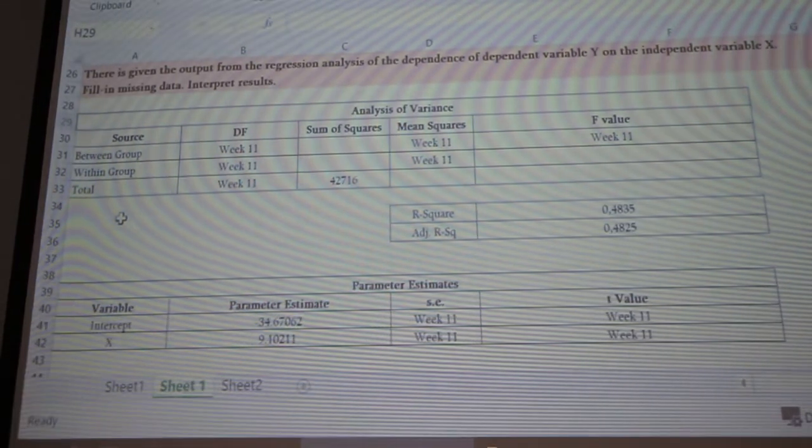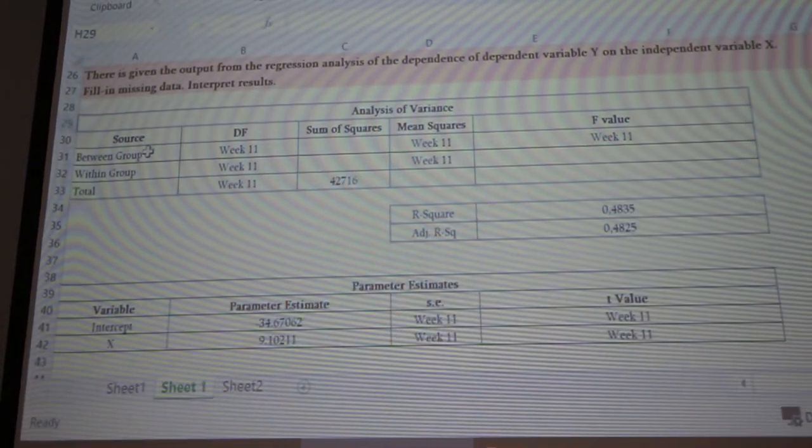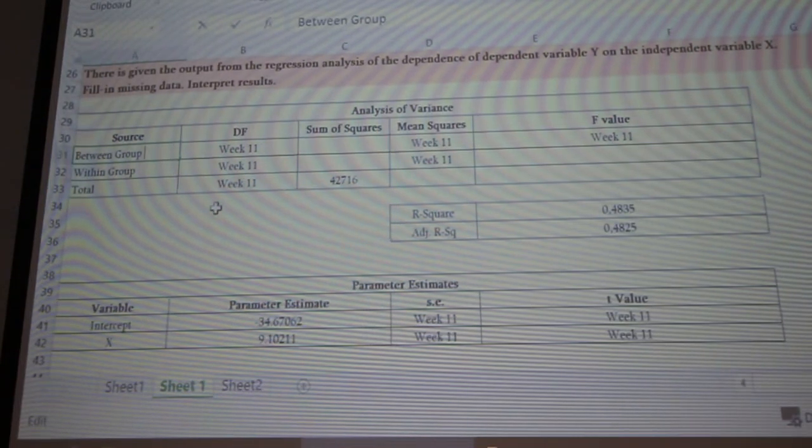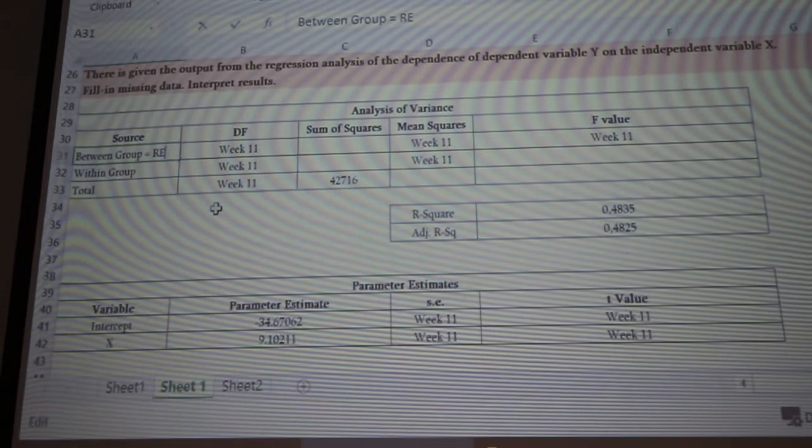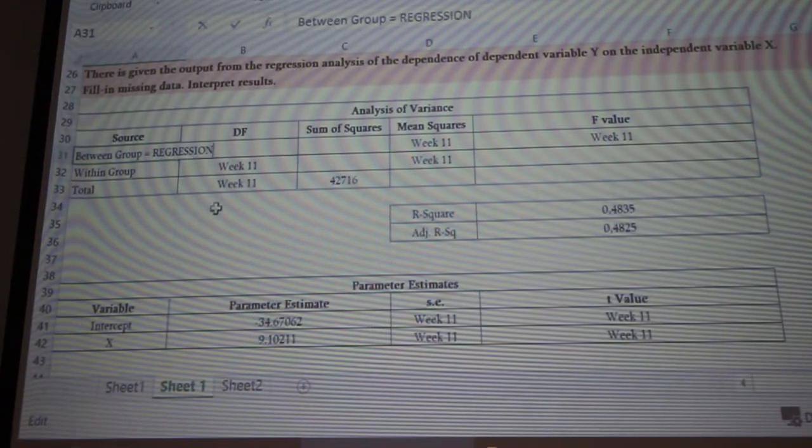So I will write here for you this source, which can be called regression.